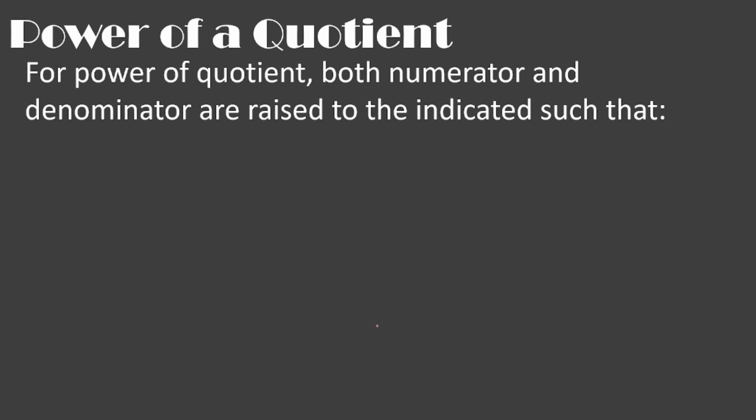Let's have another law of exponent. This time, it's the power of a quotient. For a power of a quotient, both numerator and denominator are raised to the indicated power.